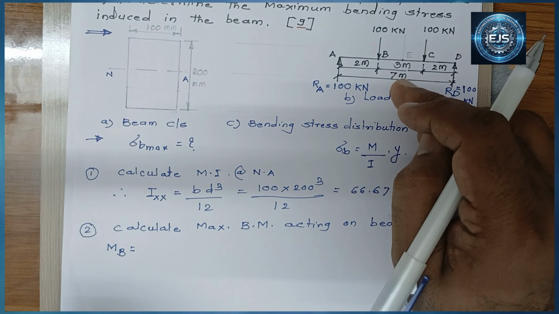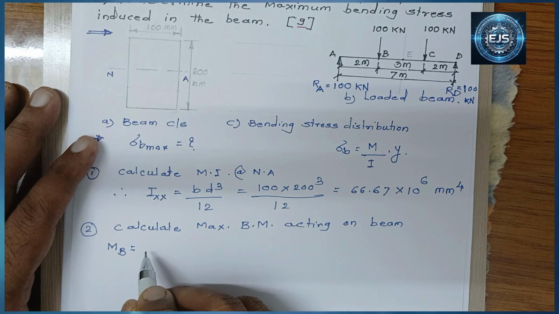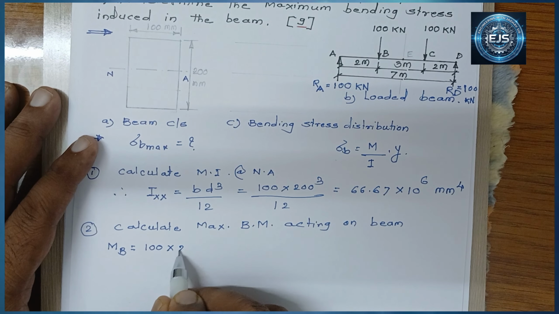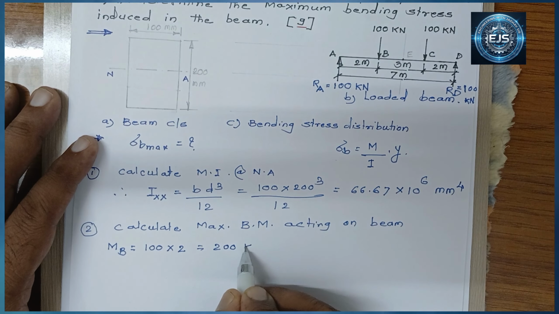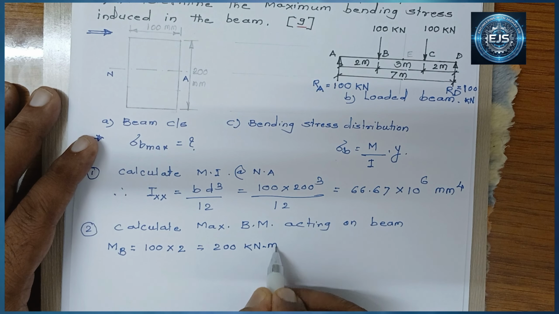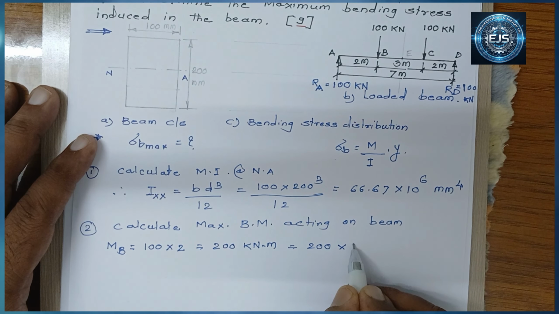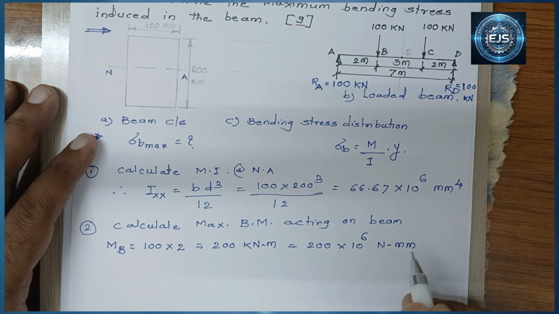The moment produced by this reaction about the point is clockwise on the left side. So the bending moment magnitude will be equal to 100 into 2, which is 200 kilonewton meter. That is equal to, in Newton mm, 200 into 10 raised to 6 Newton mm.